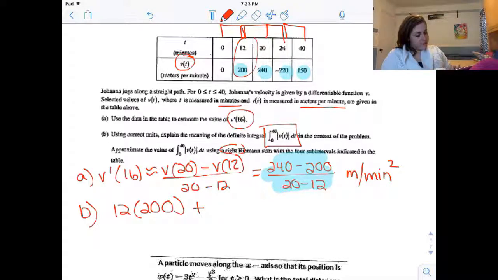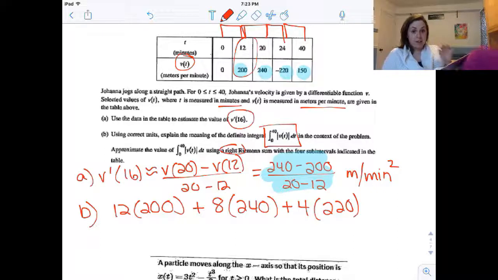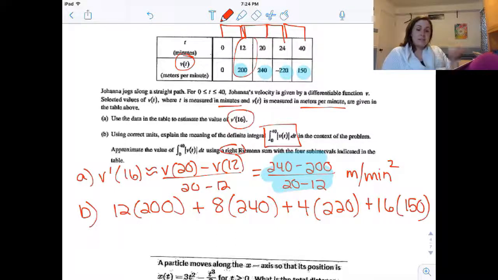Plus, from 12 to 20 is 8 times 240, plus, from 20 to 24 is 4 times 220, again, absolute value, because we're talking about the integral of the absolute value, plus 16 times 150. So that is my sum. You do not need to simplify it. Please don't simplify it.